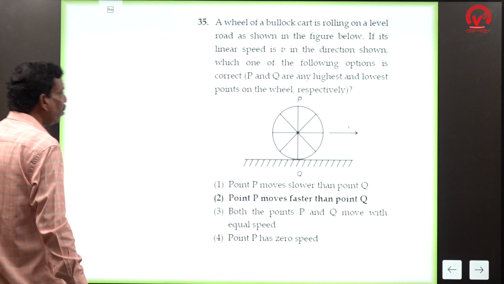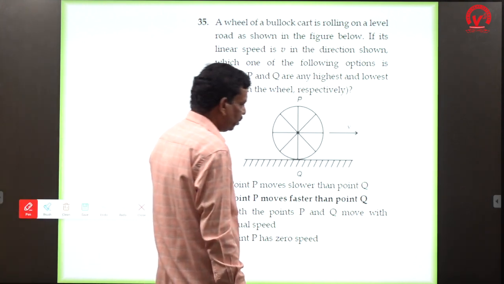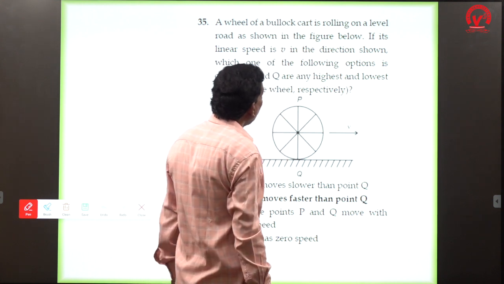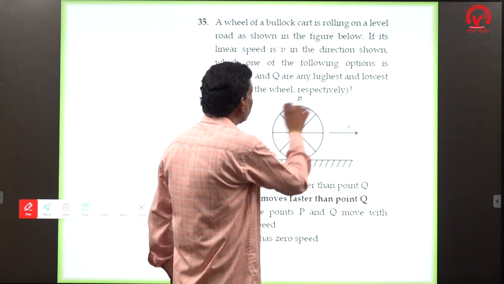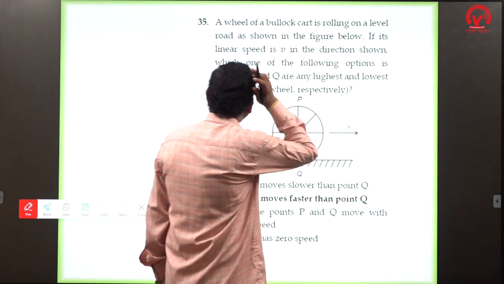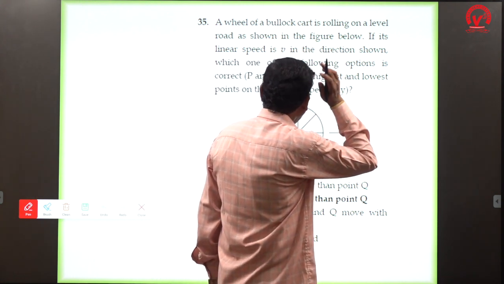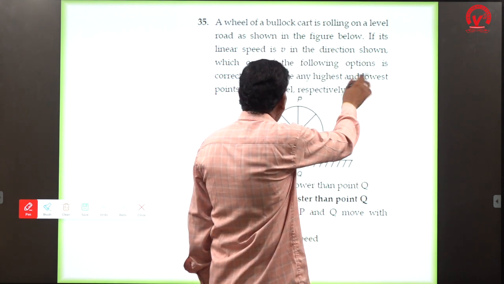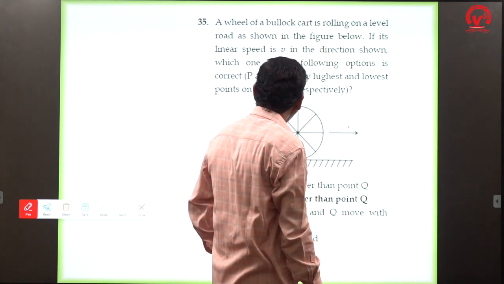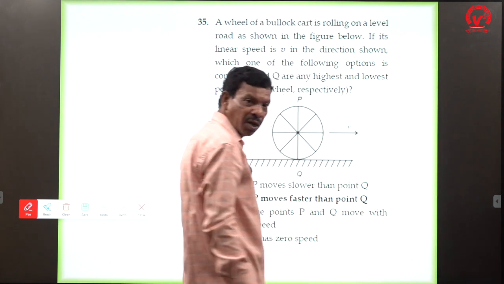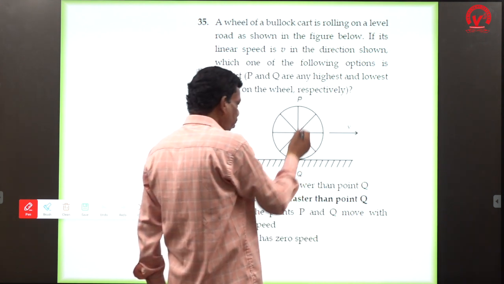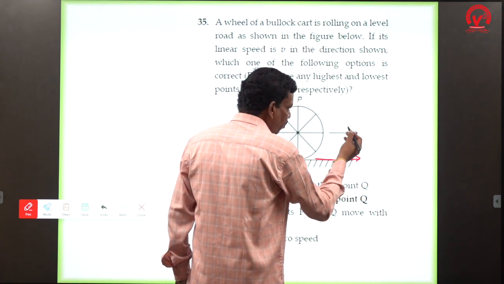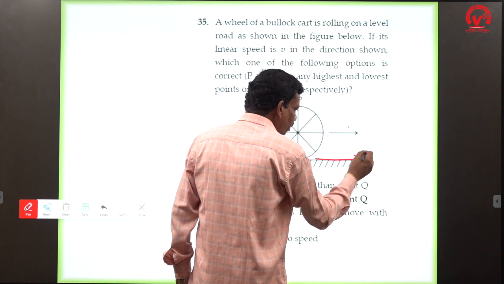Next question. See, logic question. A wheel of a bullock cart is rolling with a speed V in the direction shown. One of the following options is correct. P and Q are highest and lowest points. Here the translational velocity is V, moving this side.